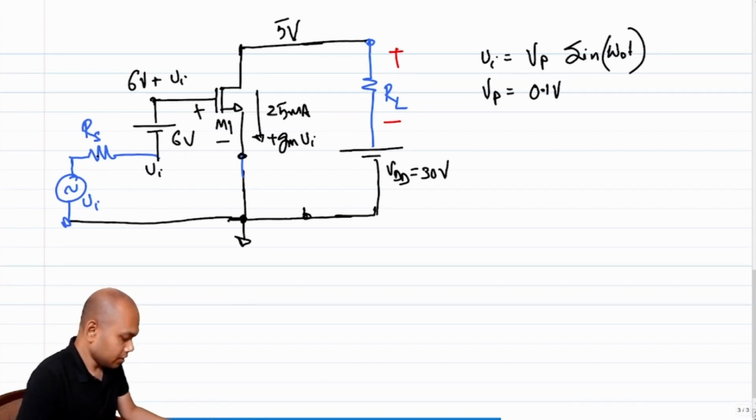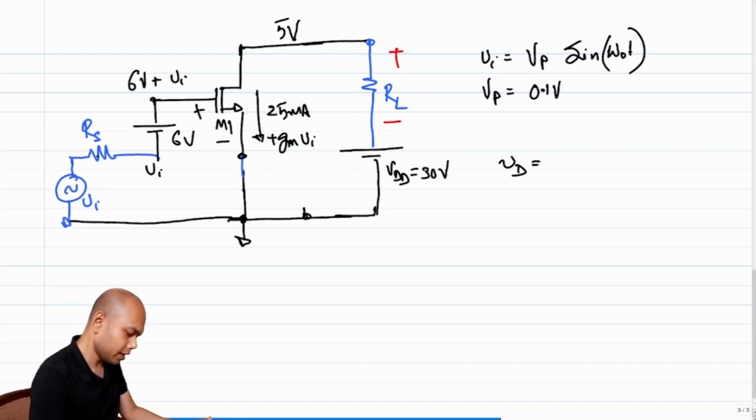So if this is the total current, what is the total voltage that has developed at the drain? The total voltage will be the quiescent drain voltage plus the incremental part. Note again, small v, capital D, which means I am trying to figure out the total drain voltage.